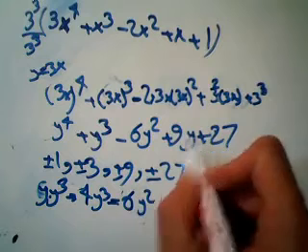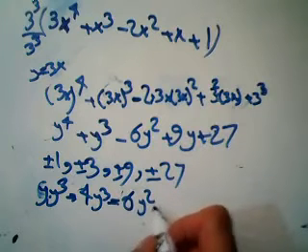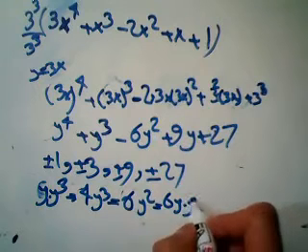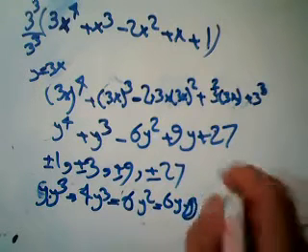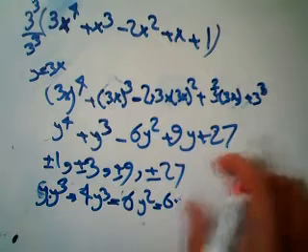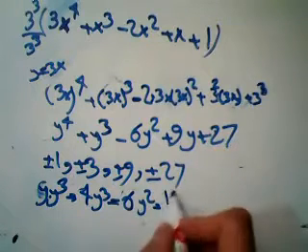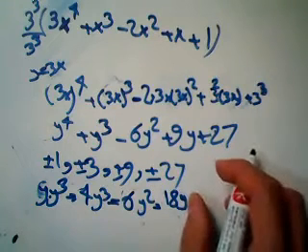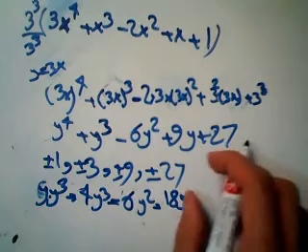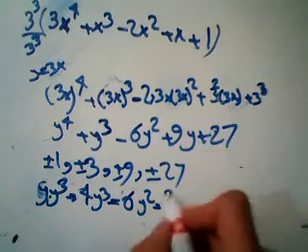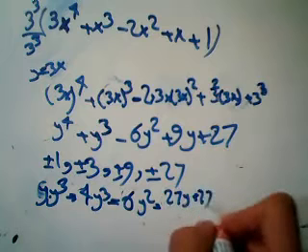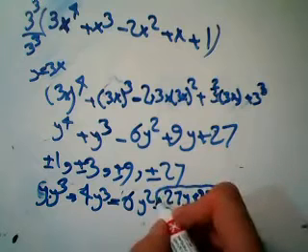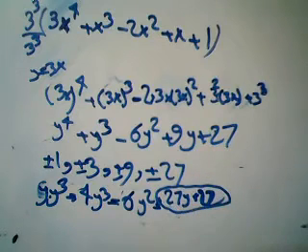Again, write it in this form, 6y times y, y is 3, that would be 18y. 18y plus 9y would be 27y, and plus 27, and for y equals 3 this is not 0.